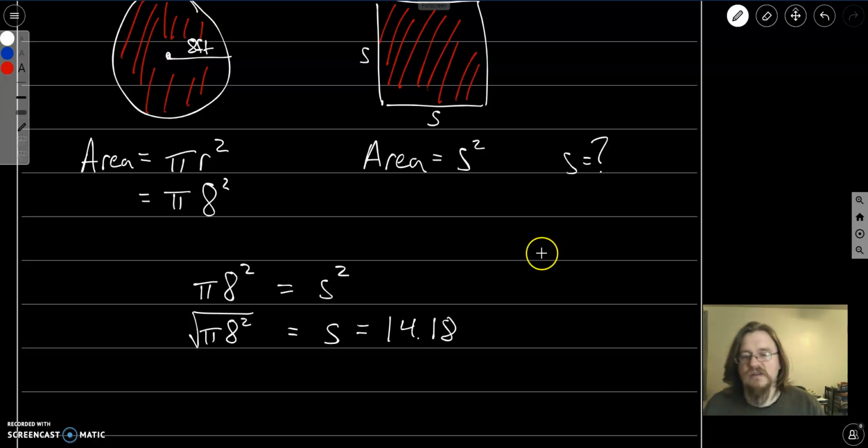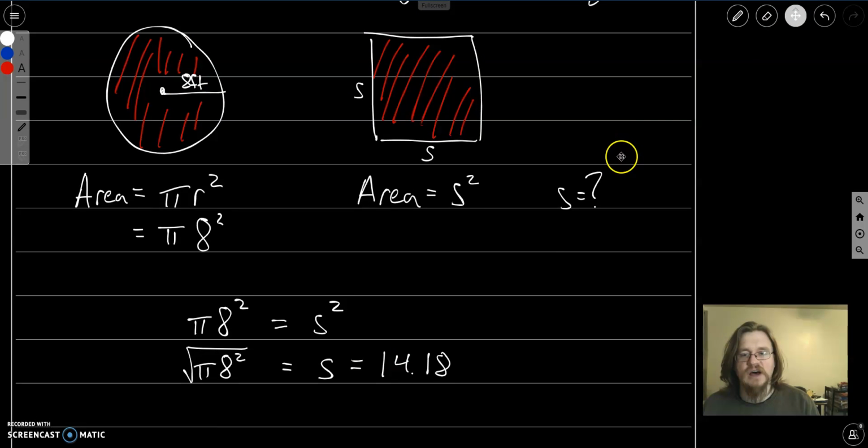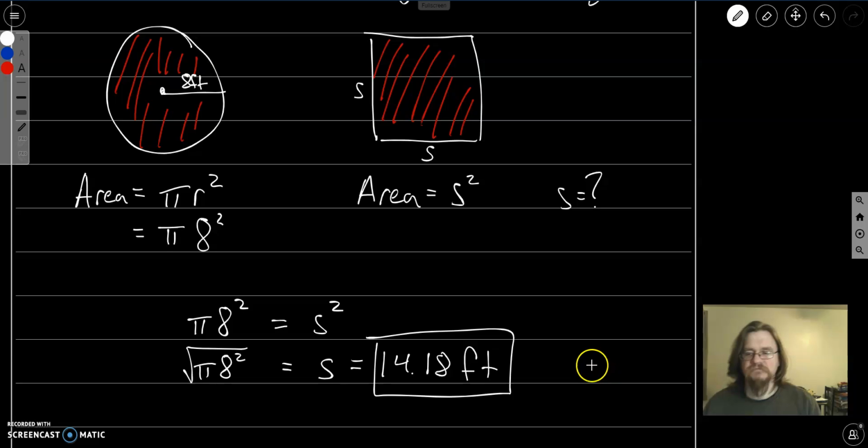Before I call this here, we should make sure of a couple things. One is what units should the side length be here? Well, we're working in feet, so the side length, which is also a length, is also going to be feet. So this should be our answer.